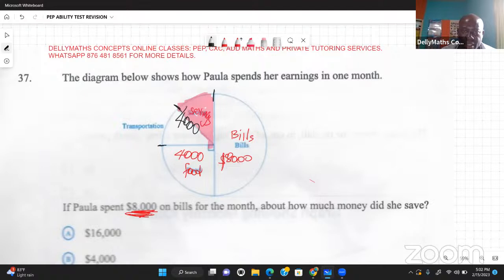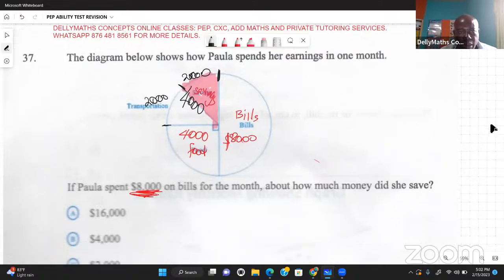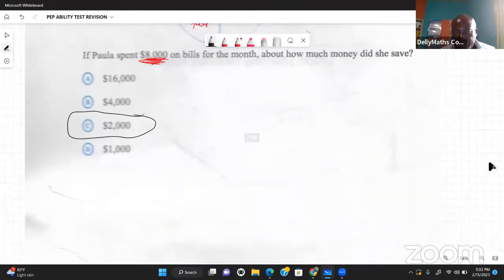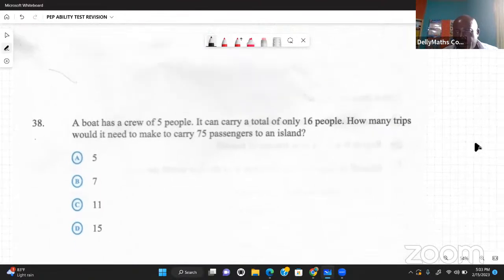So it's like you have a 2,000 here and a 2,000 here. So the transportation and the savings, 2,000 a piece. So they asked about that. I'll go for 2,000, and yes, it is there. So 2,000. C would be the correct answer for that one right there. C. Right.